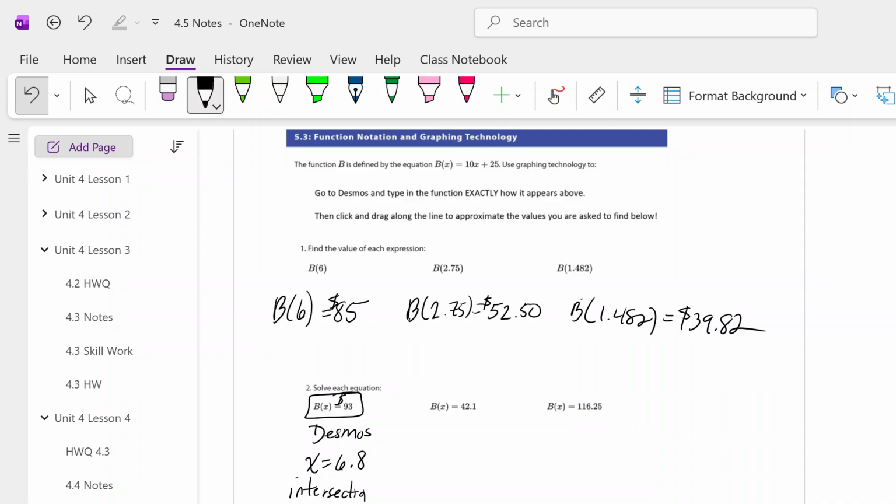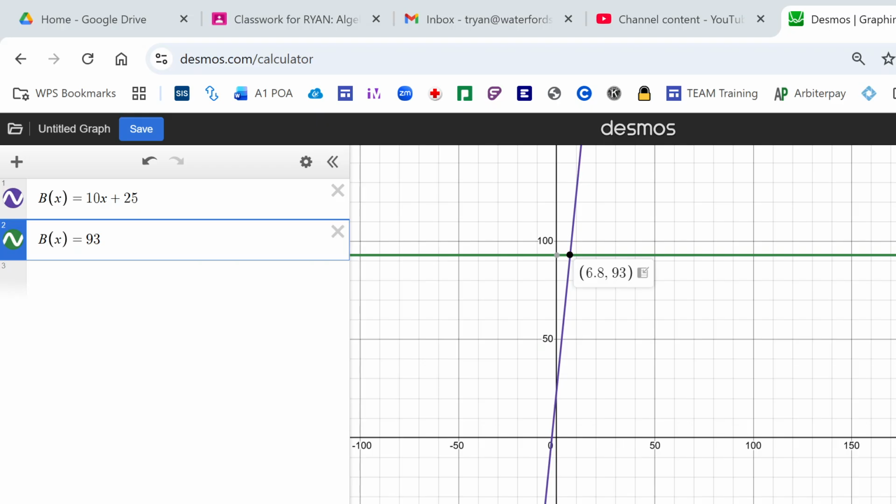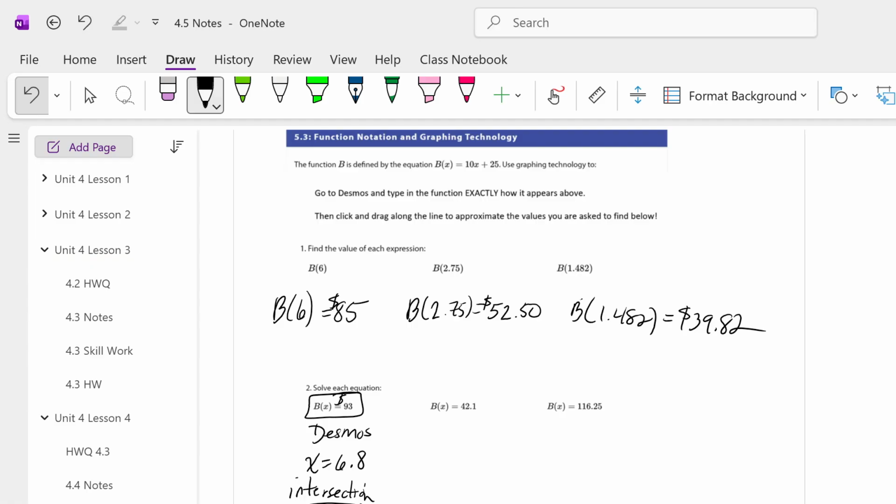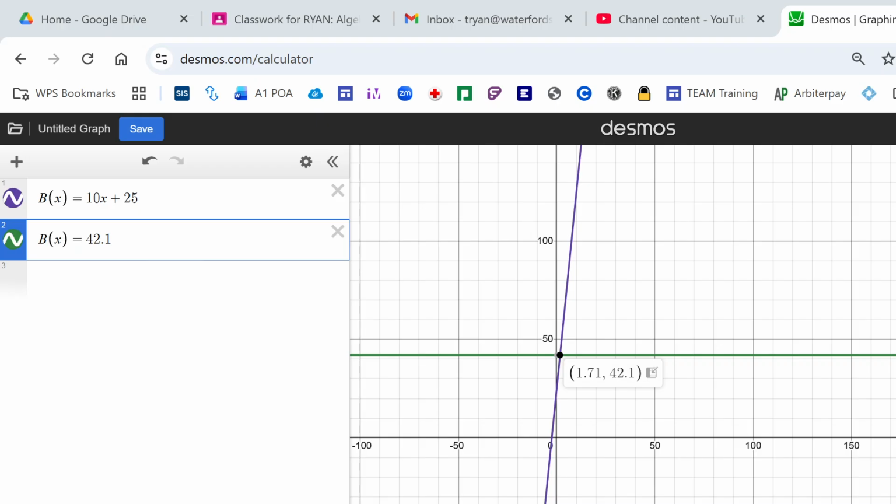Okay, same thing. We can now change this to 42.1 instead of 93. So now again, we're looking down here. Look at that. We got an intersection at 1.71 gigabytes. Certainly we did expect that we were going to use less. So x equals 1.71. And then if we have a really expensive bill of over $116.25 to be exact, we could back this out. And look how quick this is.